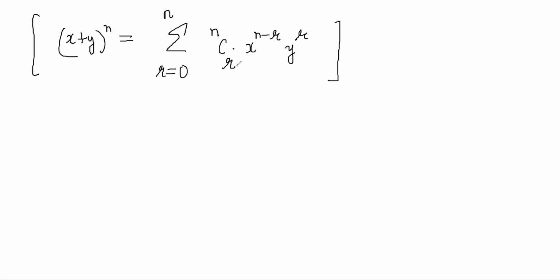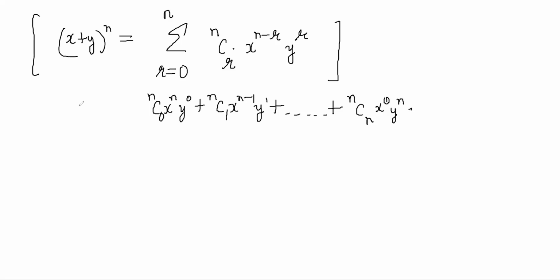This is saying keep varying your r, and this is going to be nc0 x power n y power 0 plus nc1 x power n minus 1 y power 1 and so on, till ncn x power 0 y power n. So this is also binomial theorem, correct?